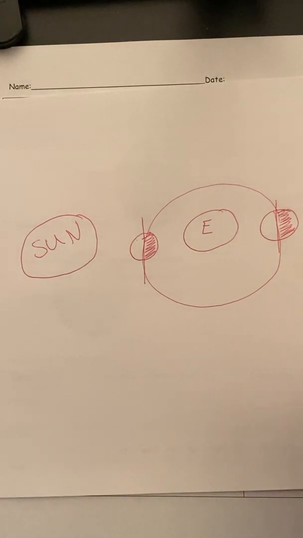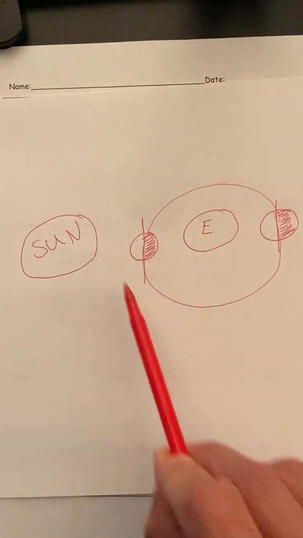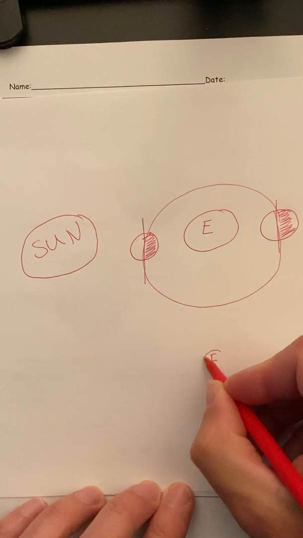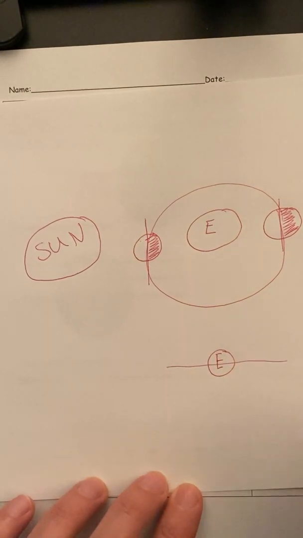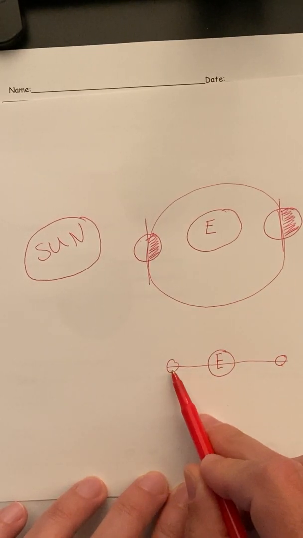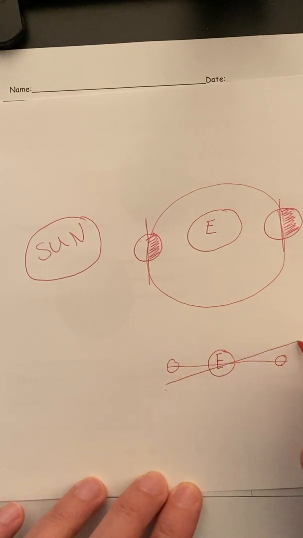So we know the orbit that the moon makes around the Earth, like if I were to draw this, there's the Earth, and that's the path that the moon goes on. And here's your full, and here's your new, and it's actually sort of like that, without pulling out a protractor.